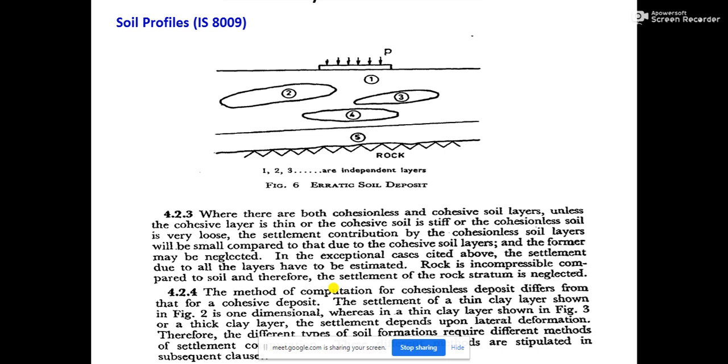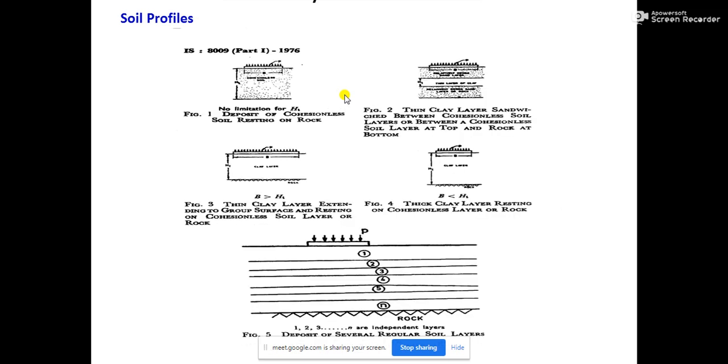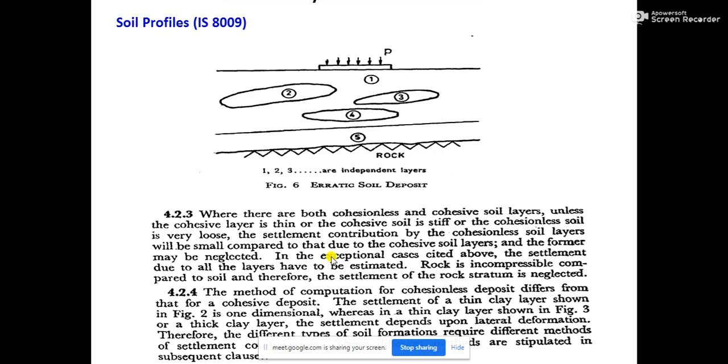Now the last profile, the sixth profile, is an erratic soil deposit. Now observe how the regular soil deposit and erratic soil deposit differ. In a regular soil deposit, the thickness of the soil layers is almost constant throughout.